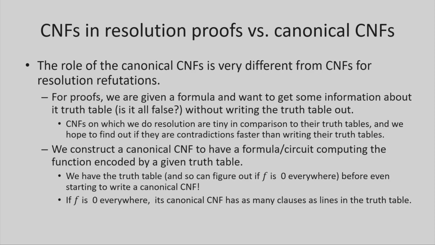So having a canonical CNF being big is really not such a big deal. Of course, in practice, you'll want to simplify things and so on. But again, here the role of a CNF is just going from a list of values you want to get out of the function to something that can actually compute the function.